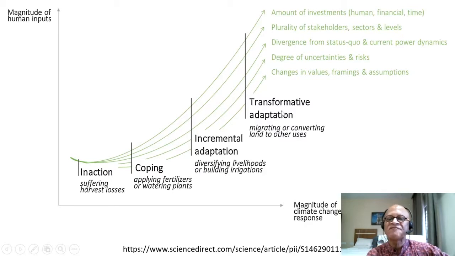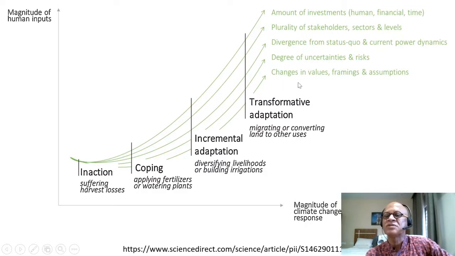Whereas transformative adaptation would require migrating or converting land to other uses, and that would then require an amount of investments, human, financial, and time, plurality of stakeholders, sectors, and levels, divergence from status quo and current power dynamics, and a degree of uncertainties and risks that have to be dealt with as magnitude of climate change impacts and required responses go up.